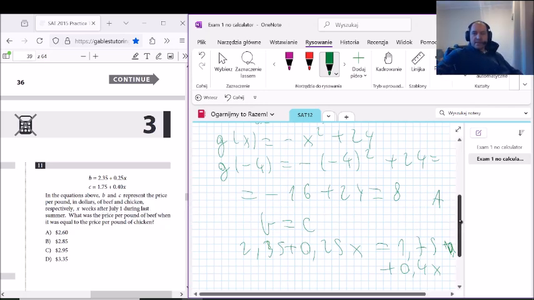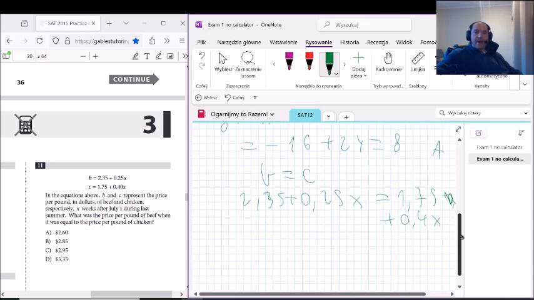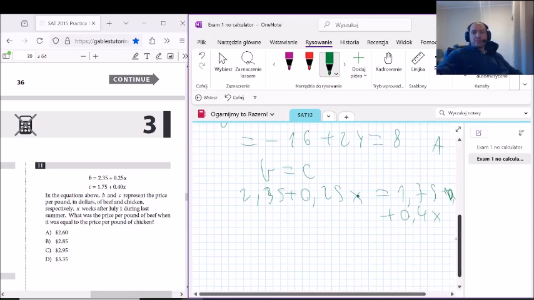So it won't be the answer, but if we have x, then we can substitute the number that we got here for x, and this way we will calculate the price of beef or chicken. It doesn't matter because they are both equal for this particular x.